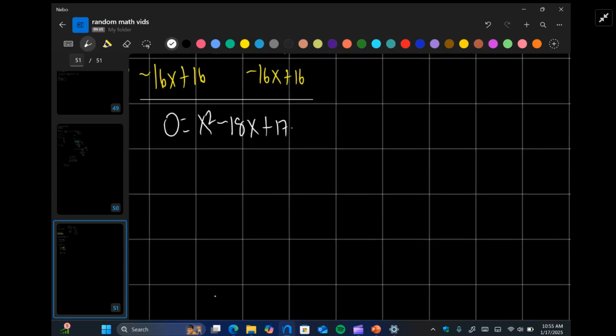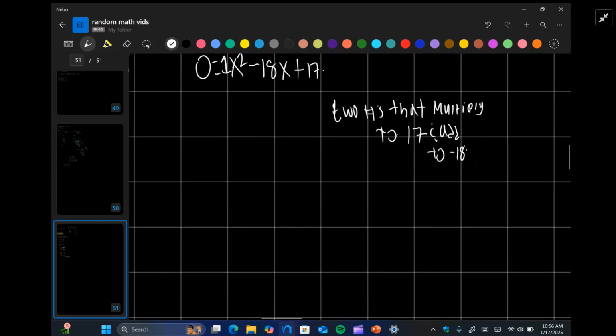So you want to know two numbers that multiply to the first term times the last, 1 times 17, and add to negative 18. I know I don't need to go over this, but we must remember how to solve a quadratic by factoring.